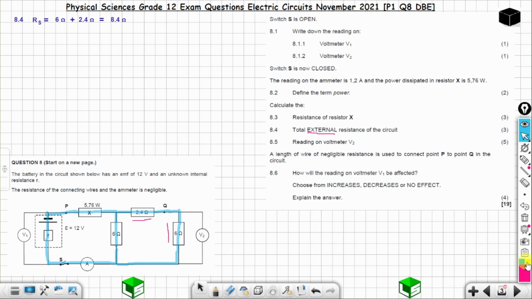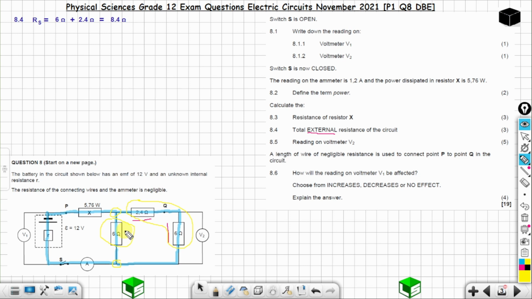Now, can you see? You have a parallel connection. This resistor is in parallel with this combination. The current is dividing at this node and then joining at this node.